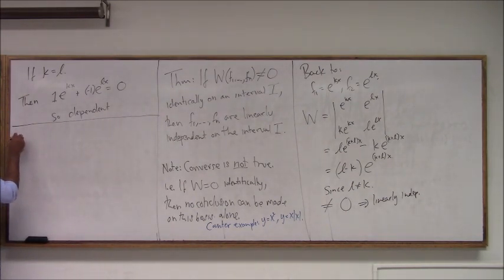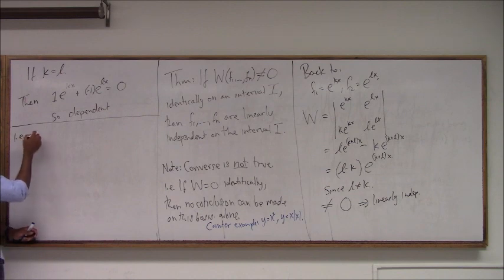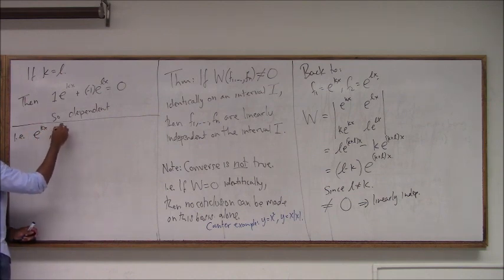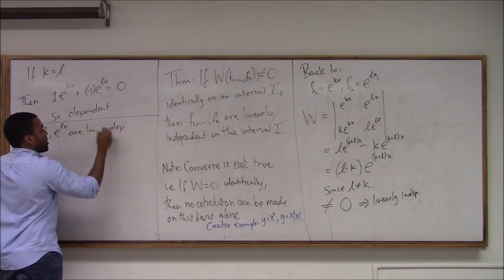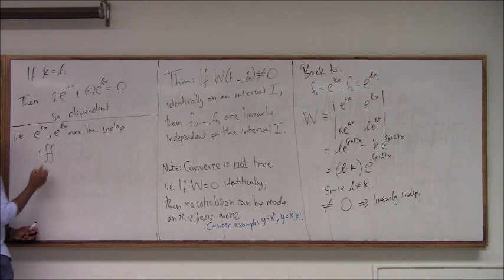So you can look at exponential functions, and as long as the powers are different, they're actually linearly independent. e to the kx and e to the lx are linearly independent if and only if k is not equal to l.